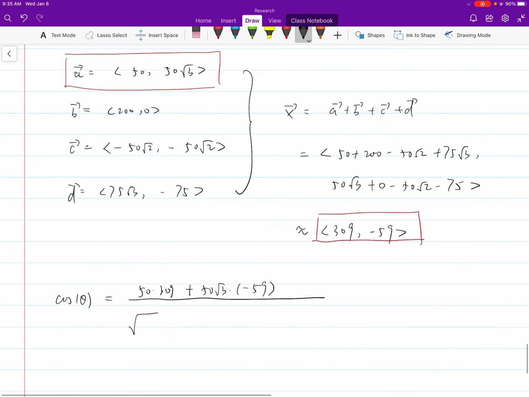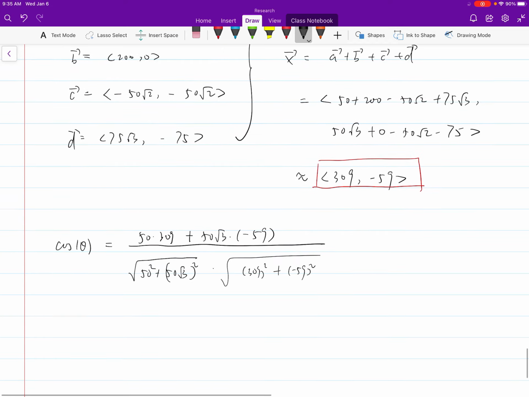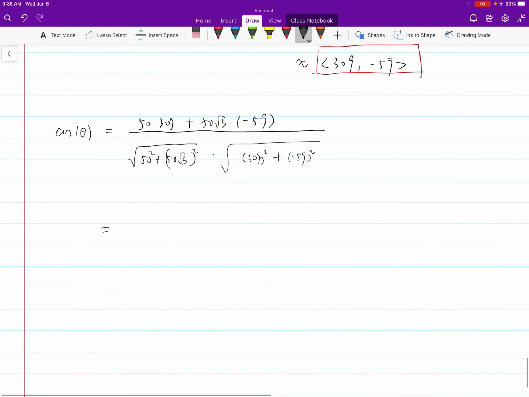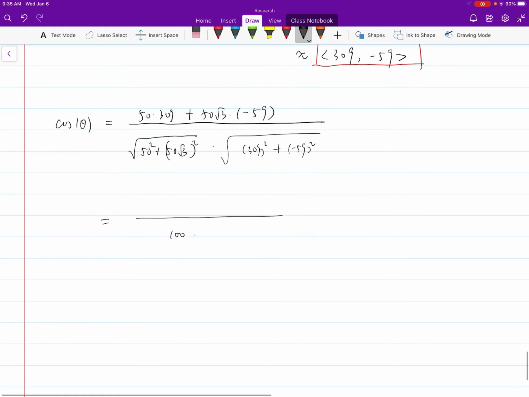At the bottom, you just need to multiply the magnitudes of each vector. Whatever this number is. Now let's calculate each of them. This is 100, and the other is the square root of 309 squared plus 59 squared, which is roughly 314.